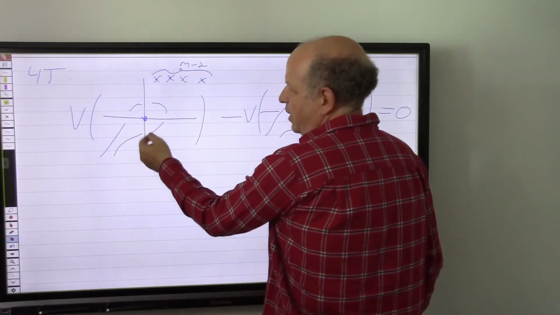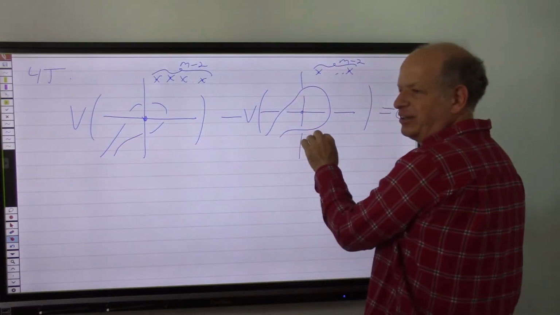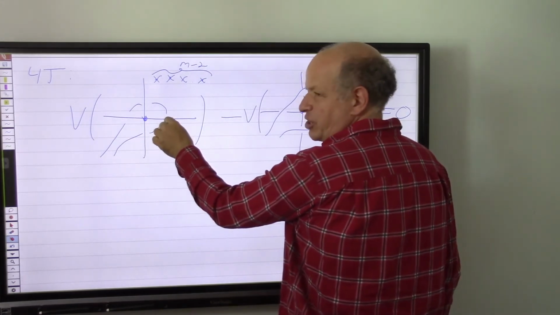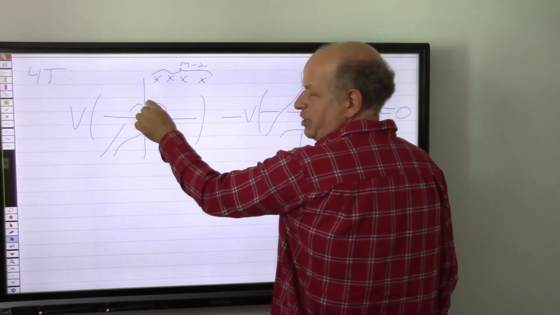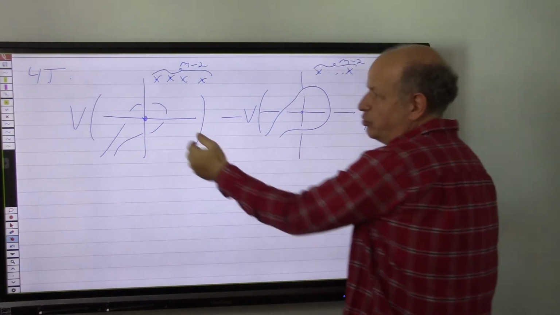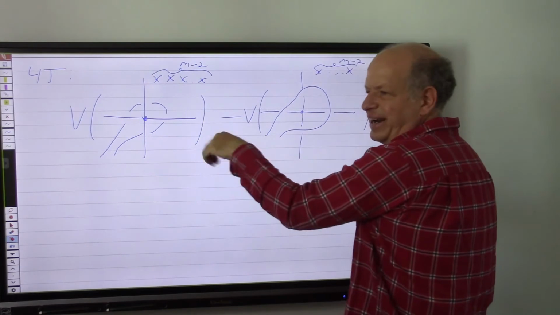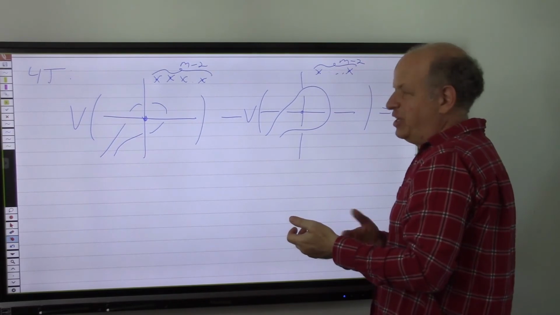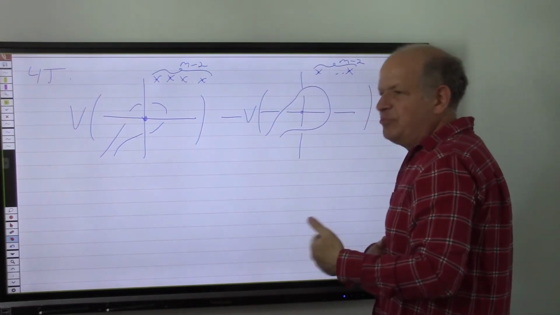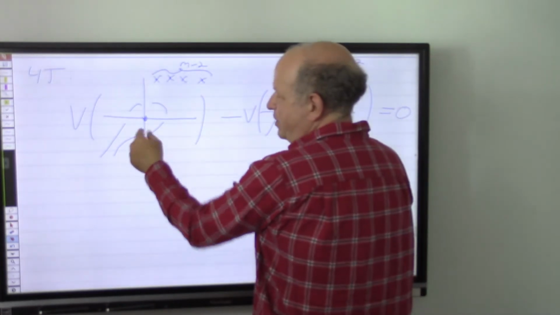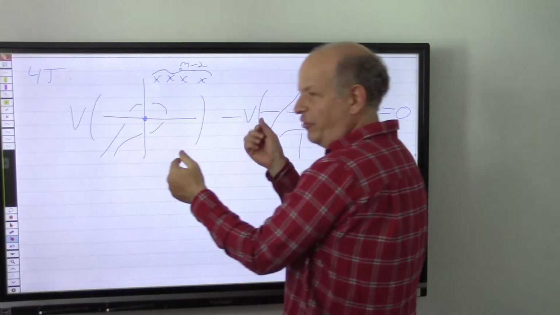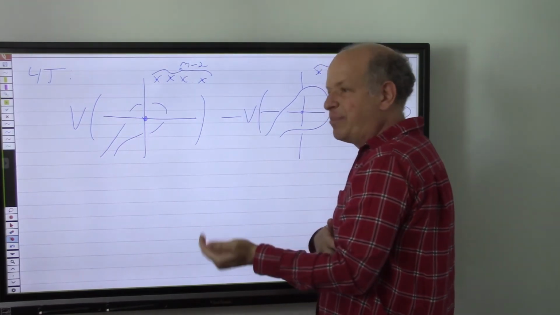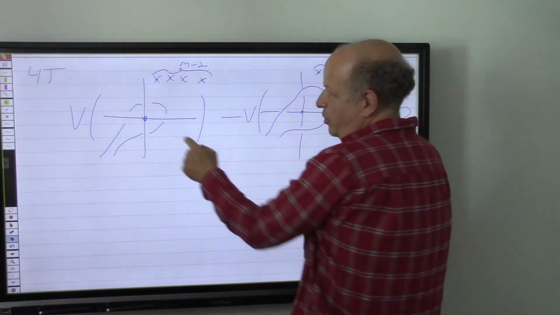Okay? On the other hand, I can get from the left to the right by flipping this crossing, and then flipping this crossing, and then flipping this crossing, and then flipping this crossing. So I could get to it topologically, or I could get to it from left to right by a sequence of 4 flips. Now, each time you flip a crossing from under to over, the change in the value of V is V evaluated on a double point.